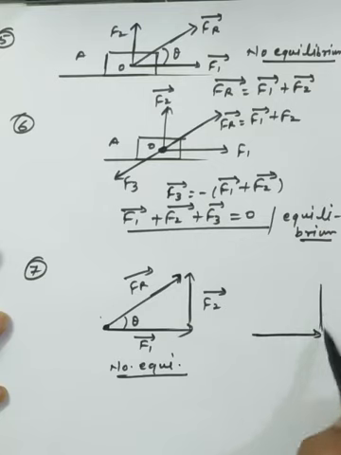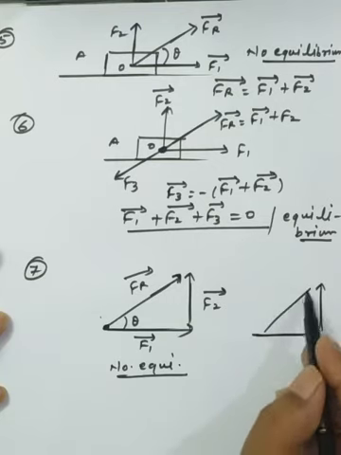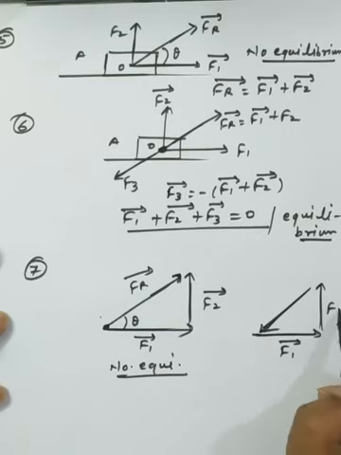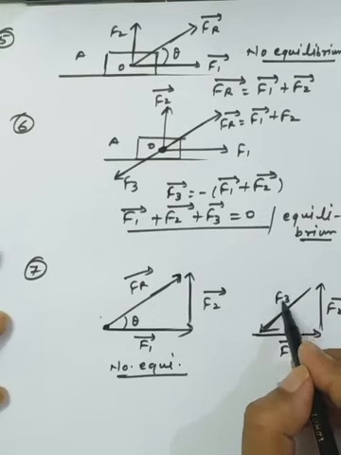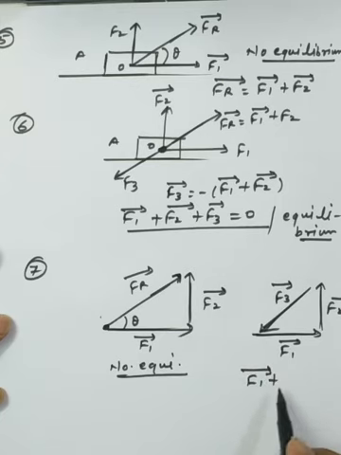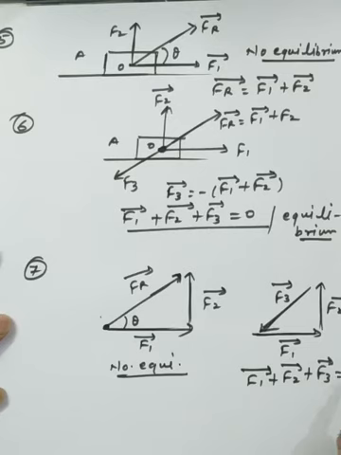Cyclic order. So at this time, this is the condition of equilibrium we have, where we are assuming F1 plus F2 and F3. So here we are assuming that the particle is not moving anywhere in this condition. So we can easily write that F1 plus F2 plus F3 is equal to 0.